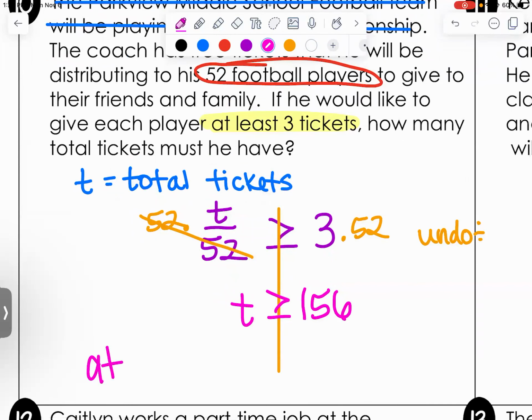So we need at least 156 tickets. Now, here's the deal. If you get 156, but there's no inequality sign or no inequality words, it's not all the way right. A big part of this is being able to use our inequalities to express our answers.